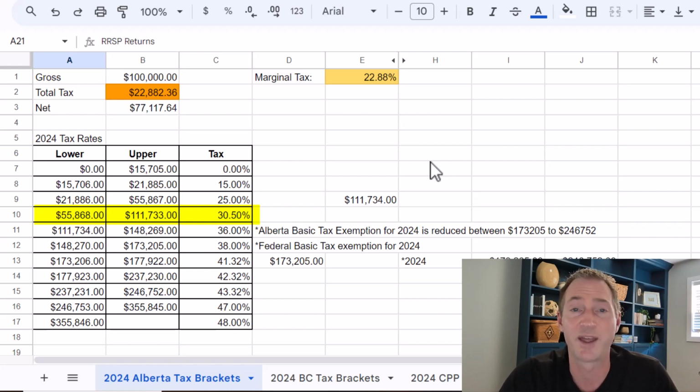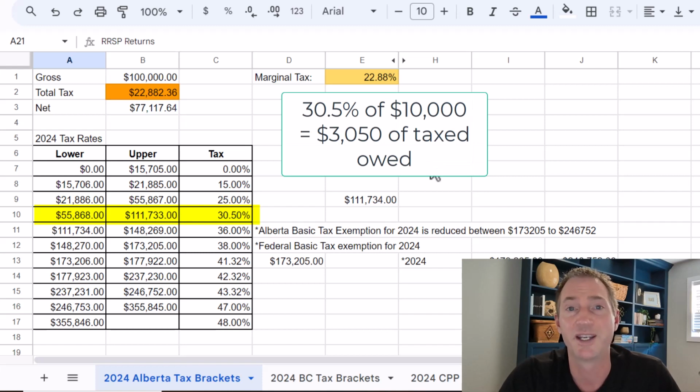And so now that $10,000 needs to be taxed at your marginal rate, and so that's going to be at 30.5%. So at tax time, you're going to file your taxes and state that you withdrew $10,000, and they're going to tax you at 30.5%. So you're going to owe the CRA $3,050, and you actually get to keep $6,950.